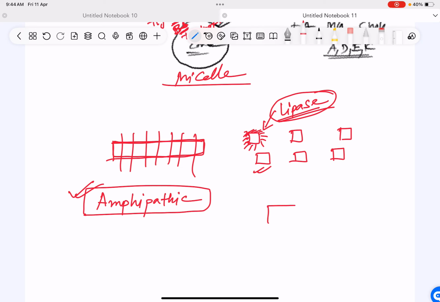Again, I'll draw. It is a fat globule which has been broken down. How was it broken down? Because of the bile salts, suppose these head ends, these rounded ends are the hydrophobic part, and the rods are the hydrophilic part. Because of their amphipathic nature, they break it down. It surrounds the fat droplets and breaks them.